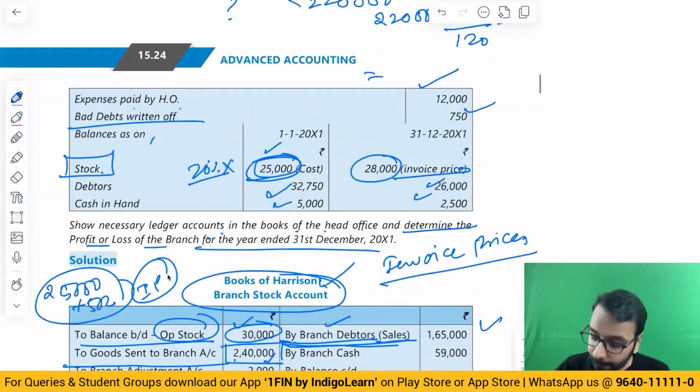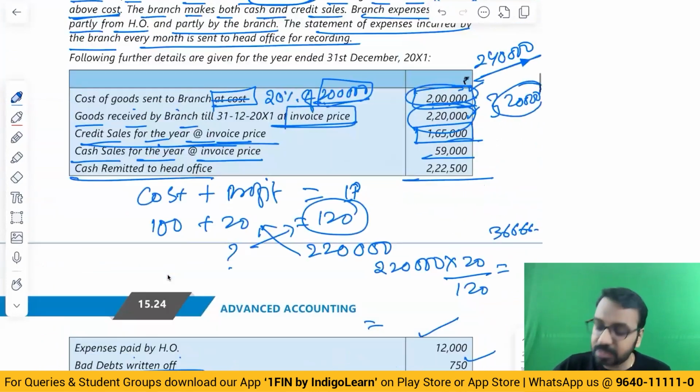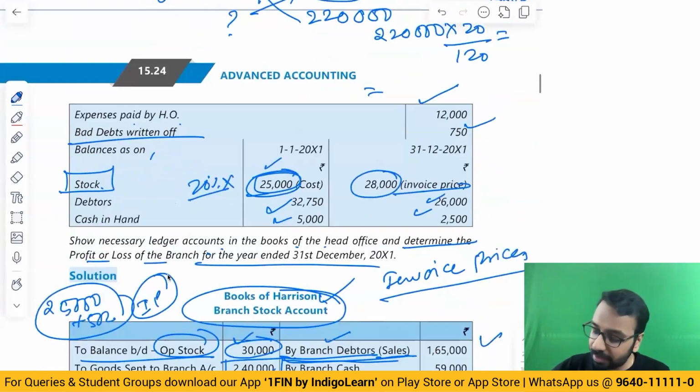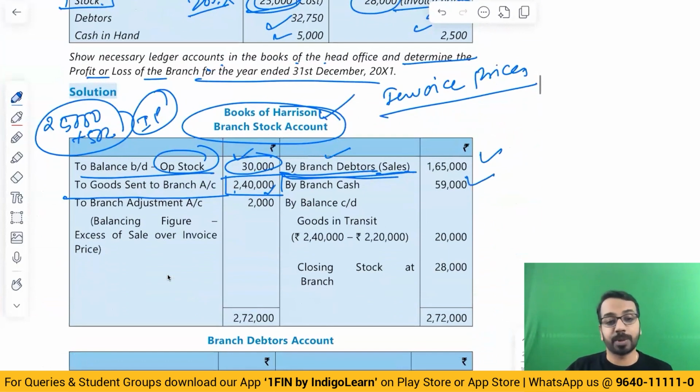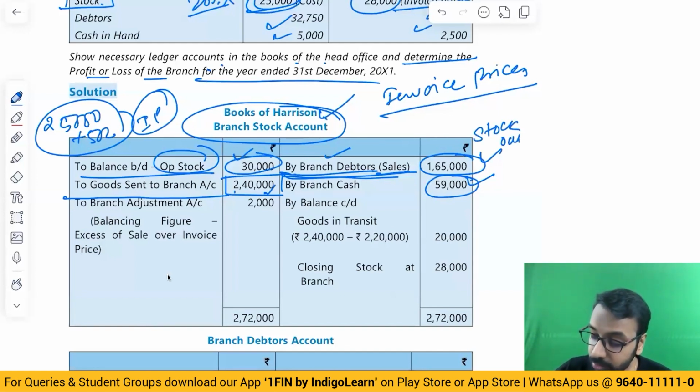Same way, cash sales at invoice price 59,000. So what you have to understand here is everything is recorded at invoice prices only. So 1,65,000 and 59,000 is basically goods which have been sold by the branch. This is basically stock going out.